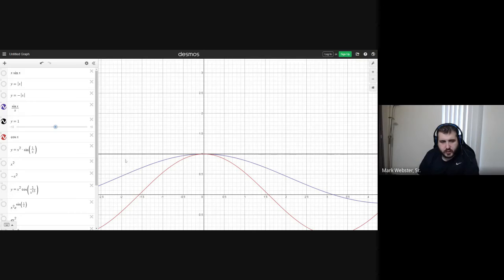And so as x gets pretty close to 0, sine of x over x stays less than or equal to 1, and cosine of x stays less than or equal to 1.